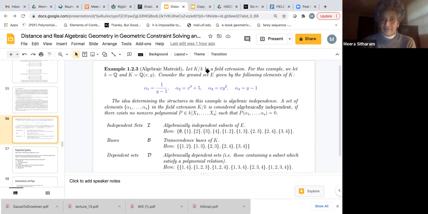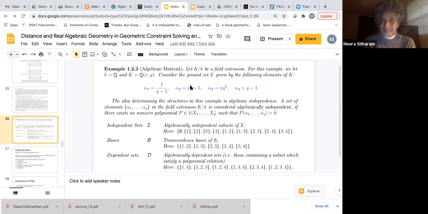So if you have a field extension, in this particular example we're going to take the field to be Q, and these are the polynomials over the rationals, the polynomials with rational coefficients in two variables, and we consider the ground set given by the following polynomials.